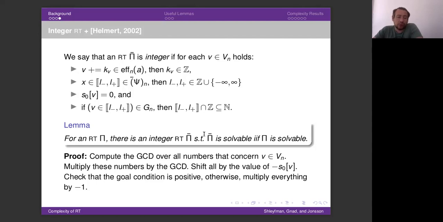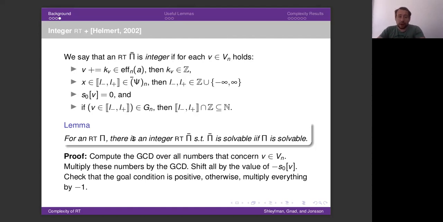This is done via a linear transformation. We also would like the initial value of all variables to be 0. This can be done just by shifting everything by the initial state. And for simplicity, we would like all goal conditions to be positive. If they're negative, multiply them by -1. If 0 belongs to the interval, the task is already solvable for this variable, so we are good.